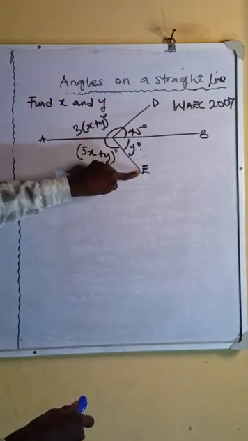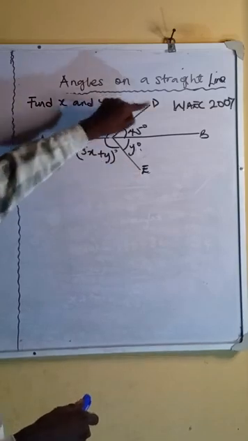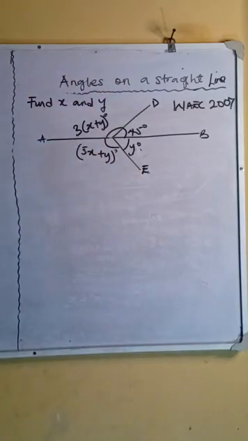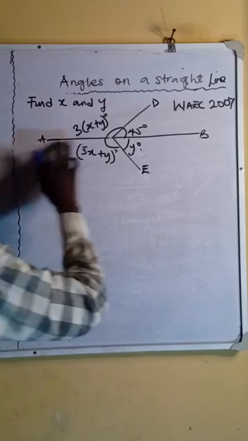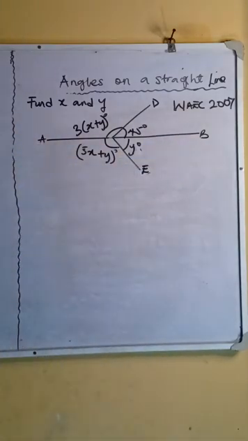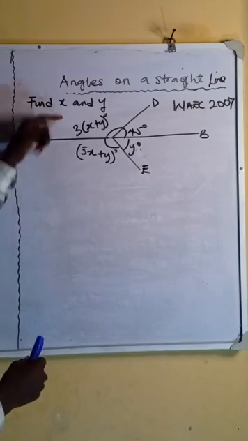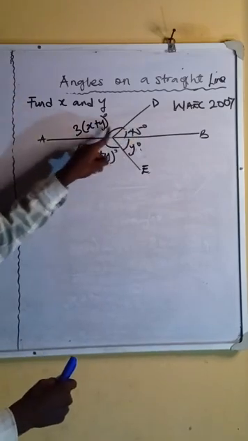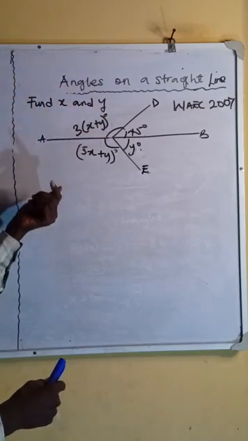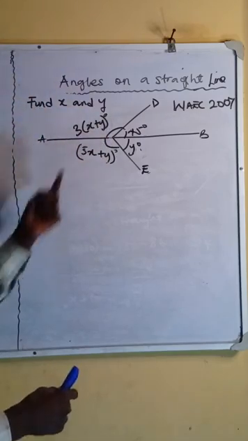If you try to look at it from E to D, it is not a straight line. So you consider line AB as a straight line. And above it, you have these two angles on it. Then below, you have these two angles.